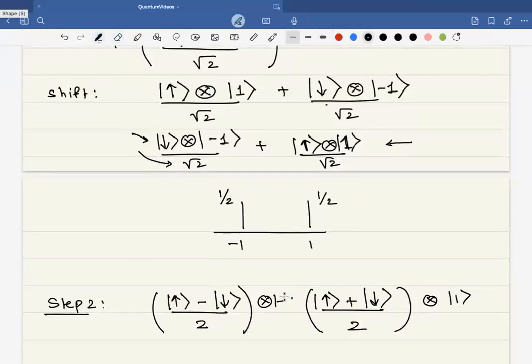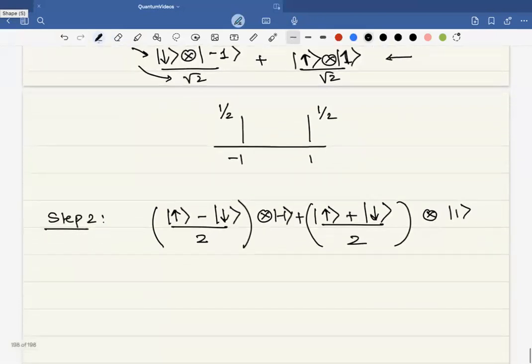Tensor -1 and then plus. Right now, this is the coin, and now the shift will get up tensor.